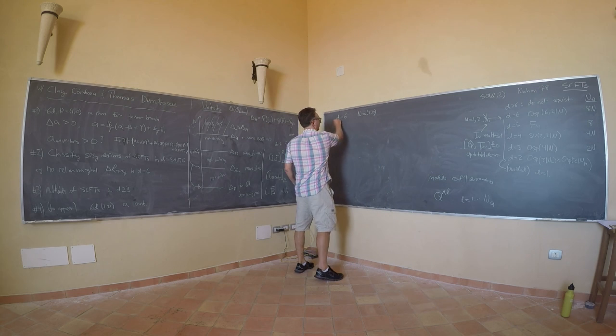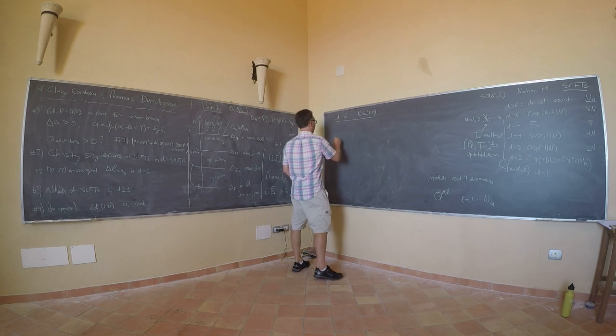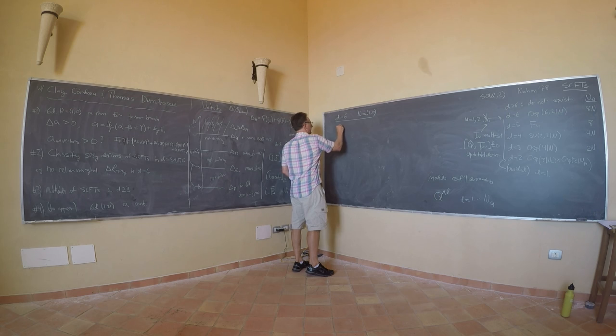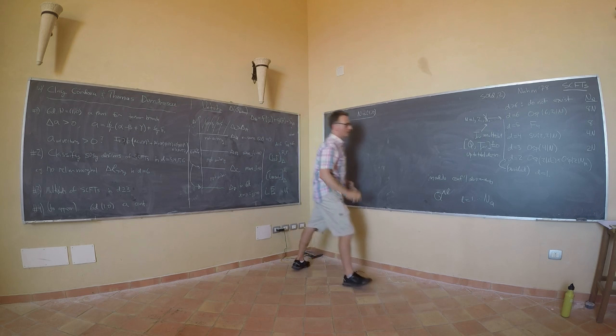Yeah, so for instance, for 6d N=(1,0), let's copy this down.